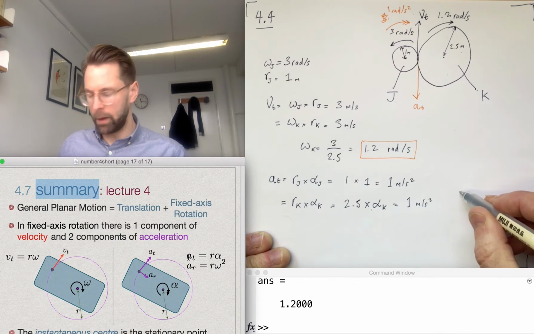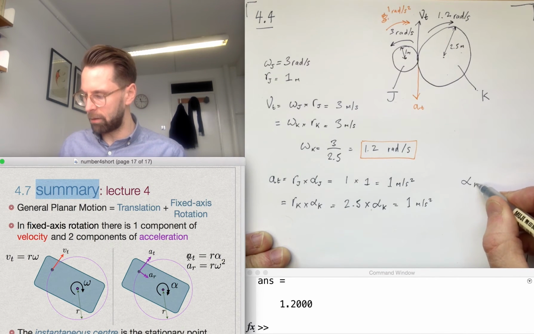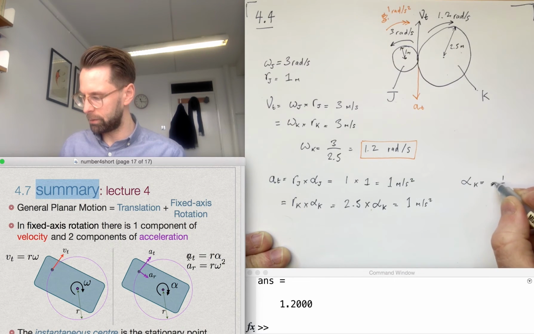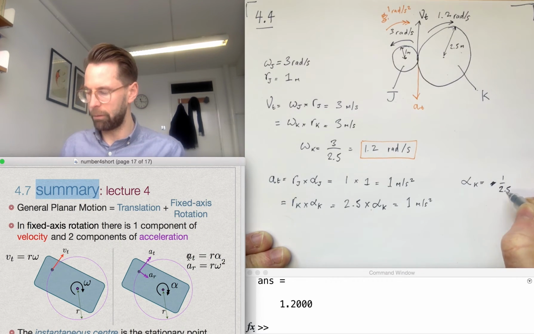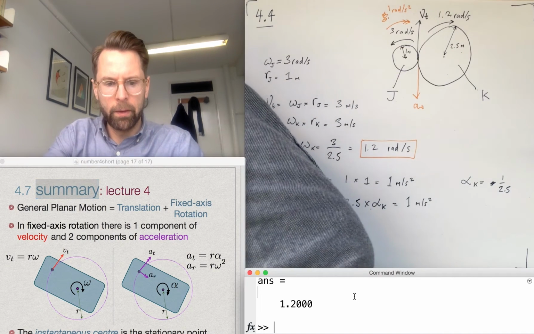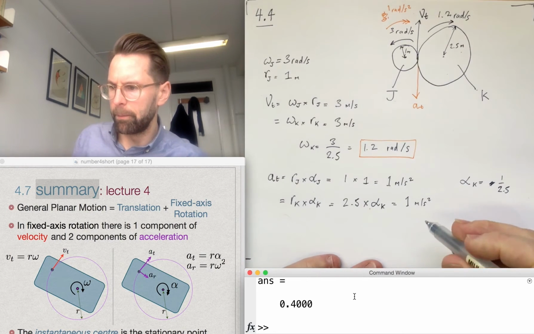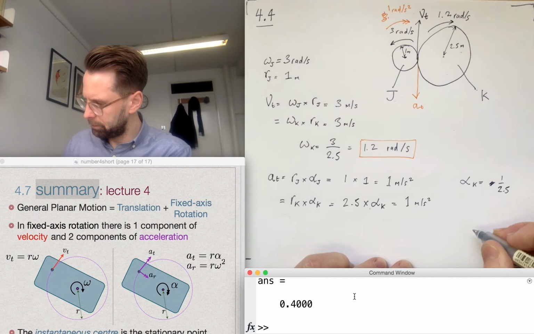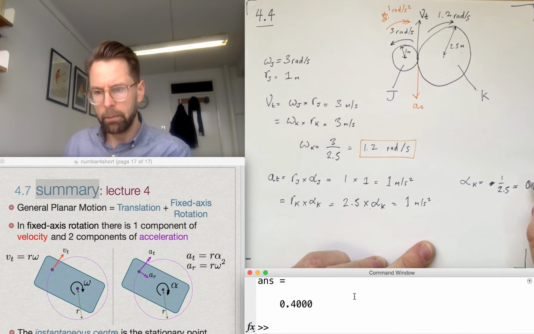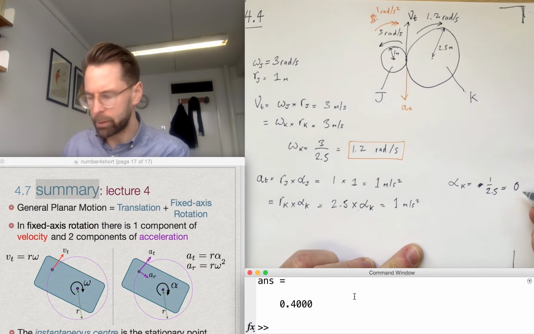Then you can see that the angular acceleration of disk K is going to equal 1 over 2.5, which is 0.4, and this is radians per second squared.